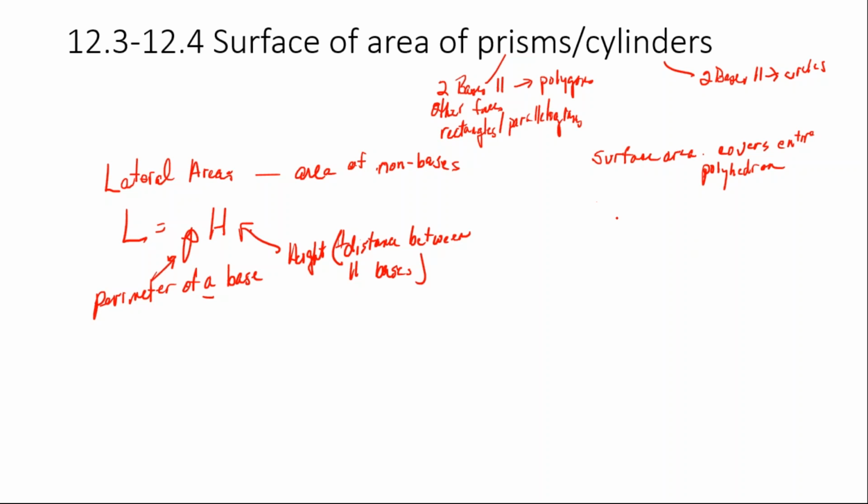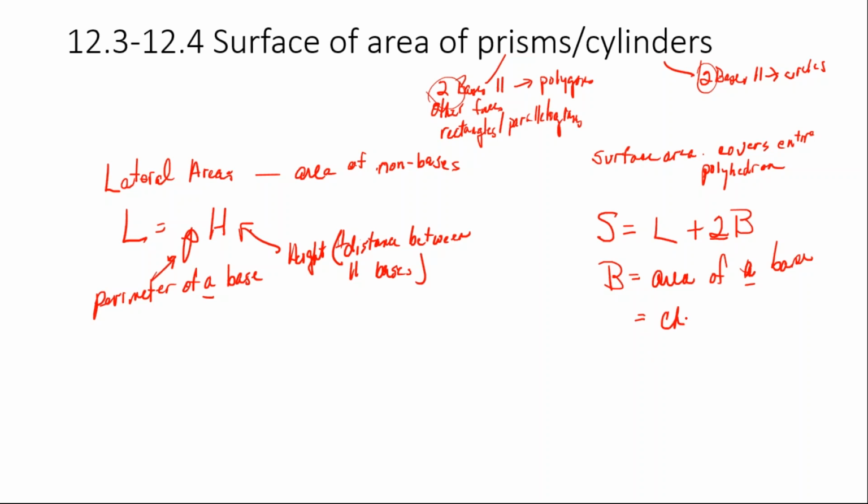Surface area is really everything. So we have the lateral, that's all those rectangles, plus I have two bases. So there's your general formula for surface area. But the key thing on this one, that B is the area of the base. Not doubled. Well, we're doubling because of this, but not doubled within the formula.